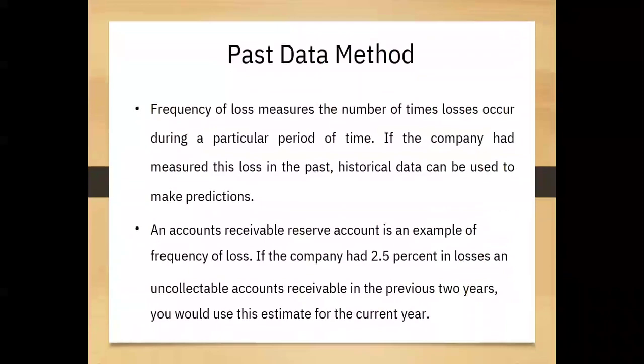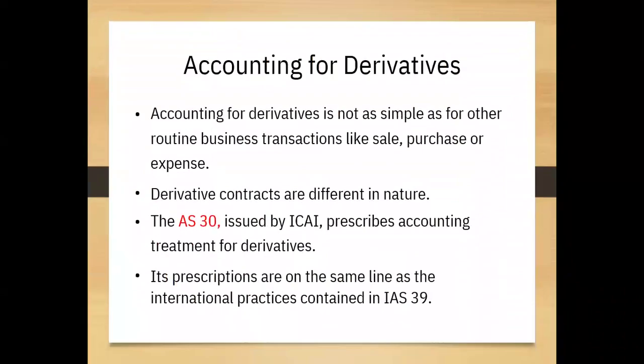Then the past data method depends on past data. If a company has measured this loss in the past, historical data can also be used to identify the risk as well.